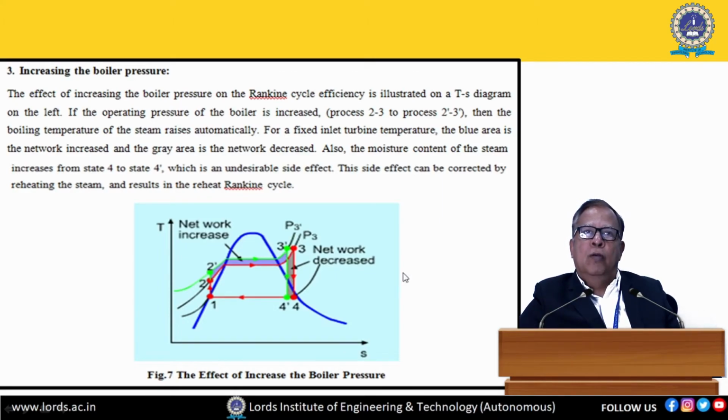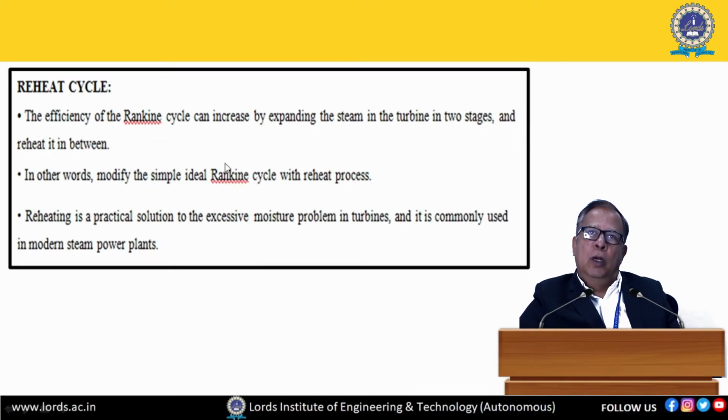To avoid that, after expansion to an intermediate pressure, we reheat the steam in the reheater, and then expand it again in the second turbine. It is commonly used in modern steam power plants.